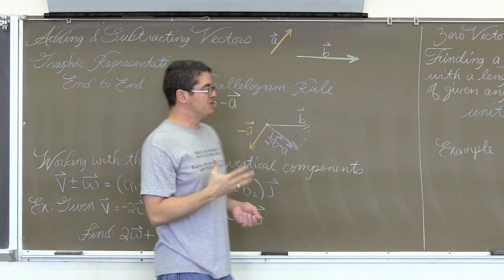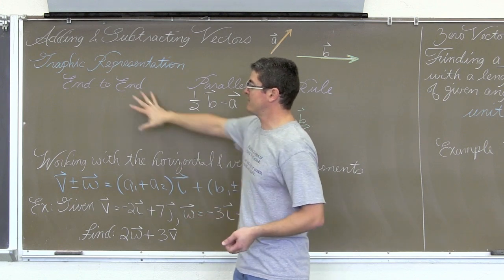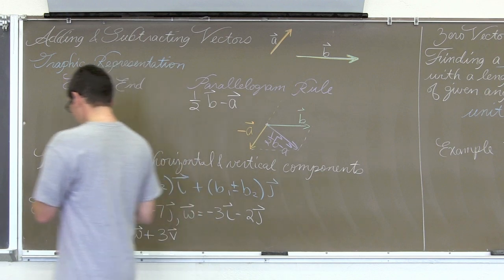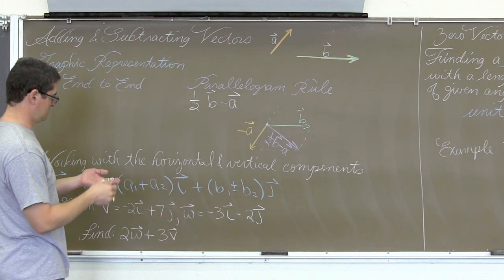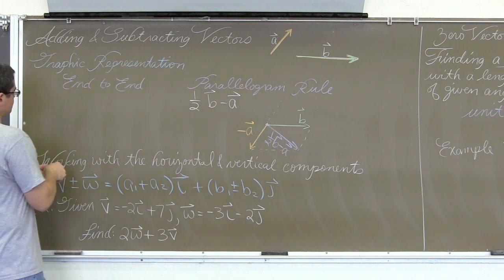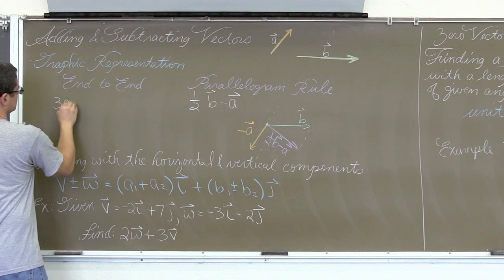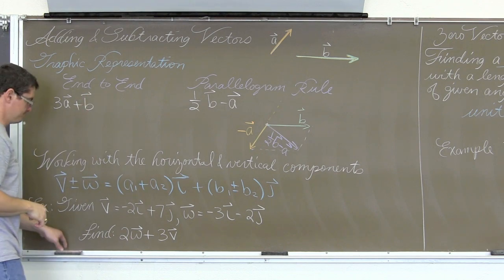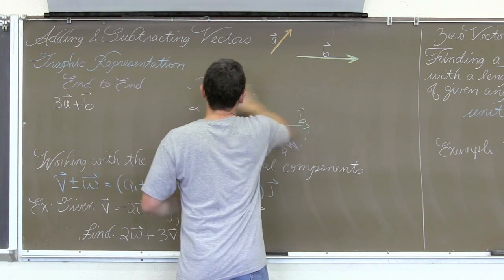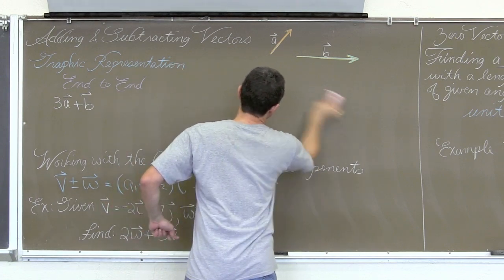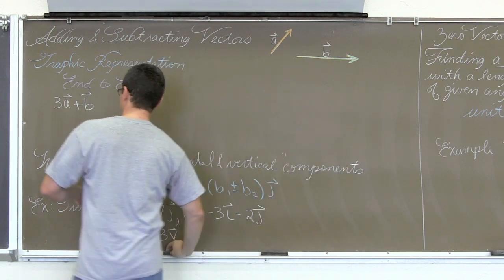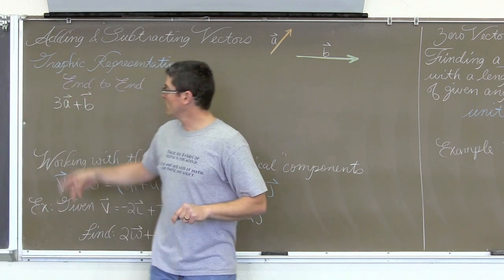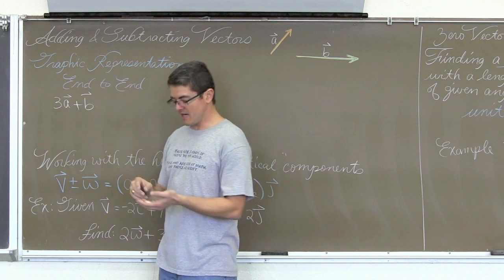Okay, now I do prefer, though, instead of the parallelogram method, to draw them end to end. So in other words, I want to make, let's see, how about 3a plus vector b. Well, 3a plus vector b is going to be: take vector a, there's no negative in front of it, so we're going to keep it in the same direction, just make it 3 times as long.